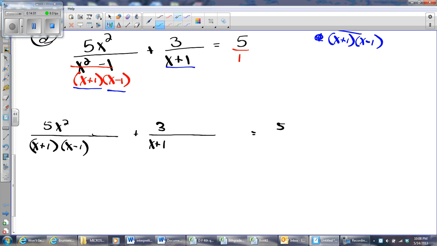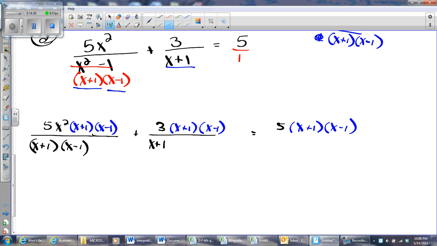I'm not even going to bother to put it over 1 because it won't change anything. Now, step 3, I'm going to multiply all 3 terms by the LCD. For what purpose? It will get rid of all my fractions.